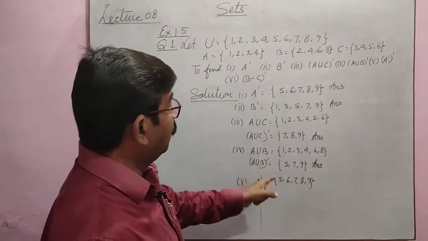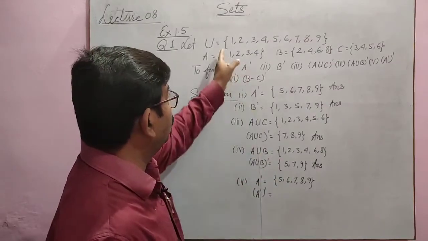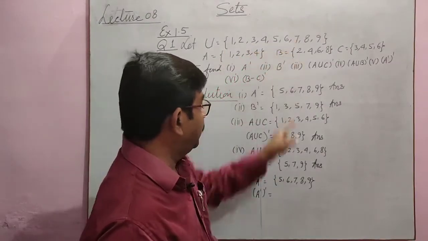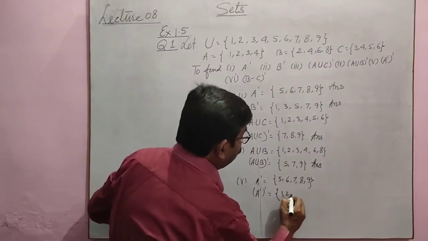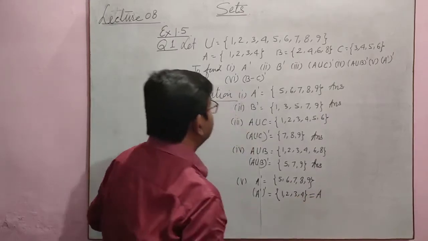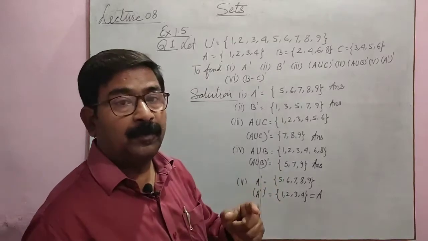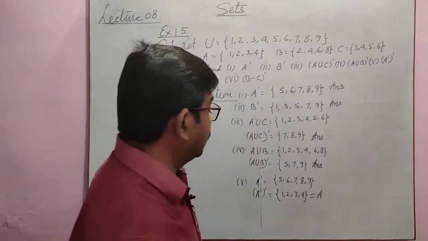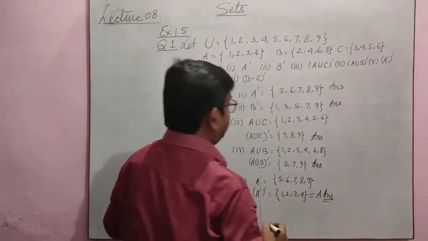What is left? 1, 2, 3, 4. 5, 6, 7, 8, 9 are removed. So we have 1, 2, 3, 4, and this is equal to the set A again. So I think you remember, the complement of the complement of a set is the set itself. So this becomes the answer of this part.